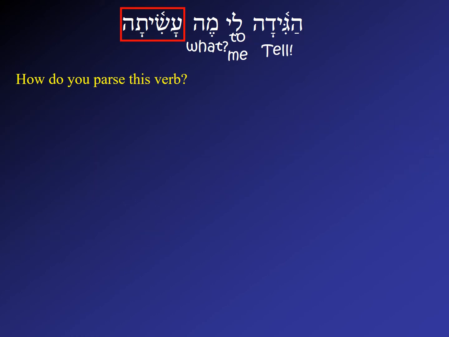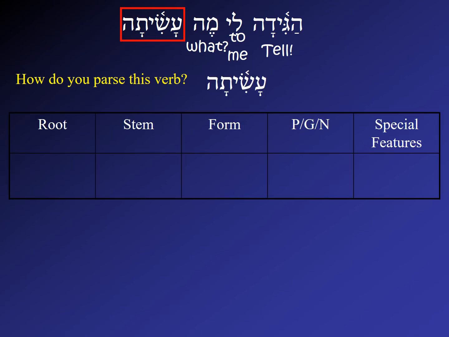Now we have a second verb at the end of the sentence, asita. The stem is given to us by, notice we have no prefixes and no preformatives, and we have a qamets under the first root radical. These are indicators of the kal. The form is given to us by this tav and qamets, which is our affix form. This is, of course, the second masculine singular.